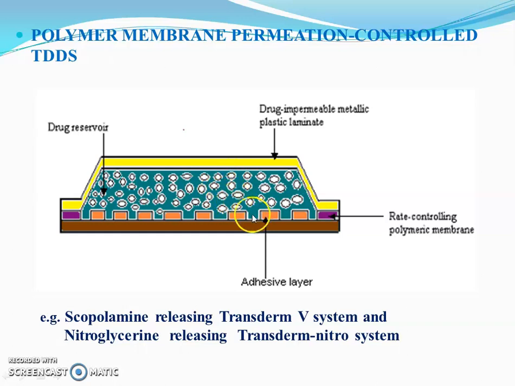Finally, the drug from such type of drug delivery system is diffused through the rate controlling polymeric membrane. Examples of such type of drug delivery system are scopolamine transdermal patches and nitroglycerin transdermal patches, called Transderm-Nitro.